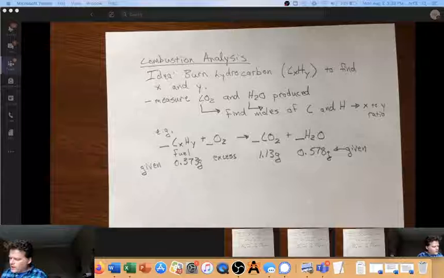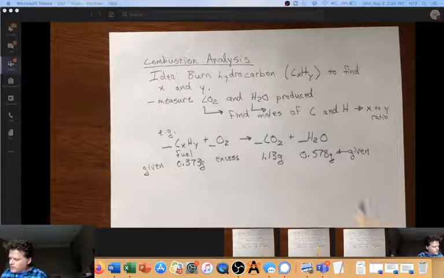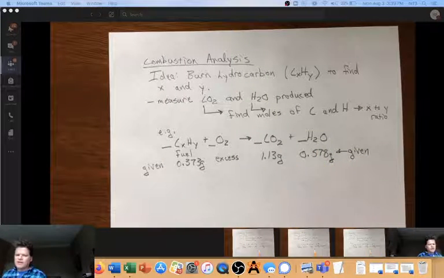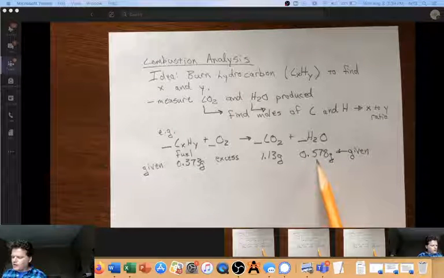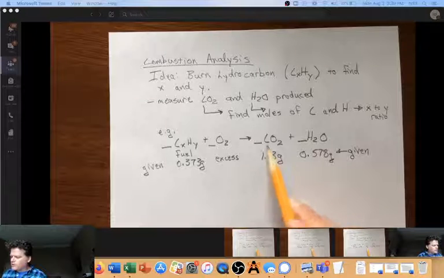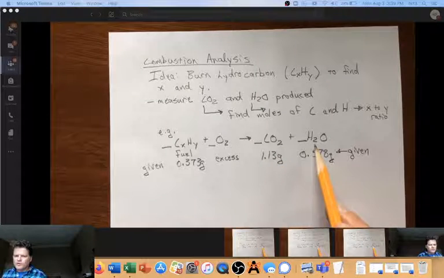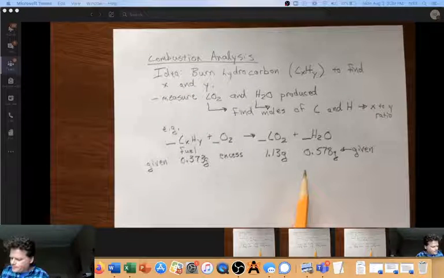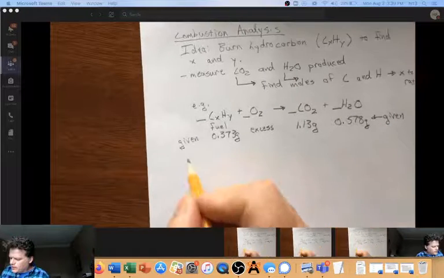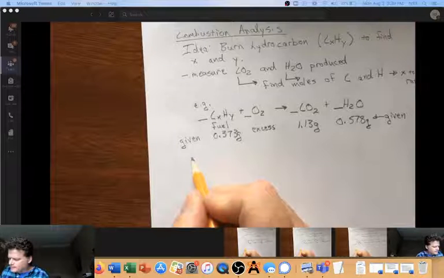All right, so let's find the mole ratio. We're given masses, not moles, so we need to do our usual mass to moles for the carbon dioxide and for the water. Once we have the moles of carbon dioxide, we can get the moles of carbon. Once we have the moles of water, we can get the moles of hydrogen. And then we can get our X and Y. So, 1.13 grams of carbon dioxide.